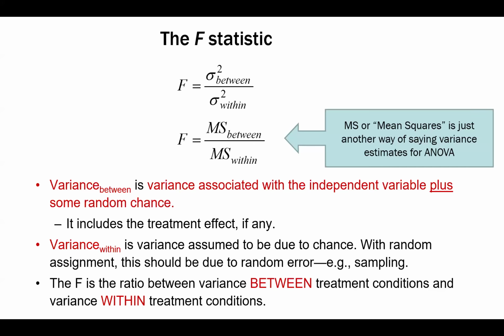So what are you actually going to use to test the general hypothesis if you have met the assumptions and you have the appropriate kind of data? You're going to use an F statistic. And an F statistic is a ratio. It's a ratio of variance between to variance within, variance between groups to variance within groups. Like most of our other tests, it is some contrast in the numerator divided by some error estimate.